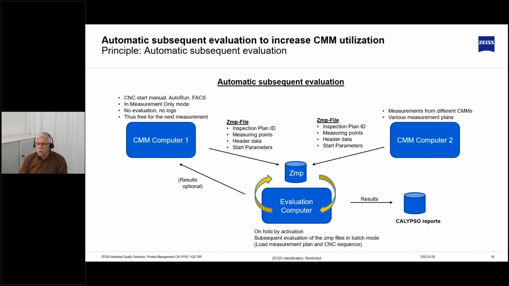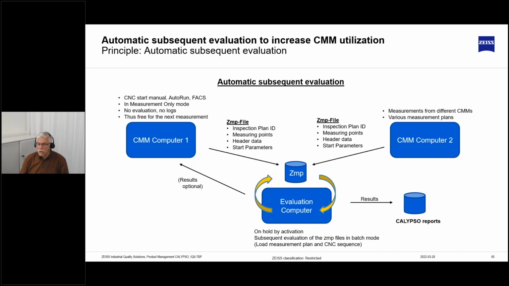The way we are doing it is, this is my CMM computer, CMM1, it can be more than one CMM, and we measure only on the CMM. Everything which is time consuming, for instance calculation or creating reports and things like this, we do on an evaluation computer.